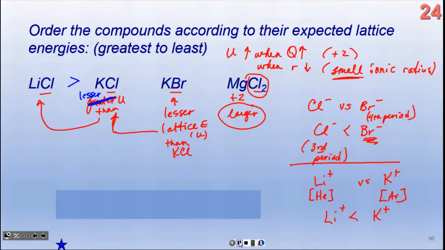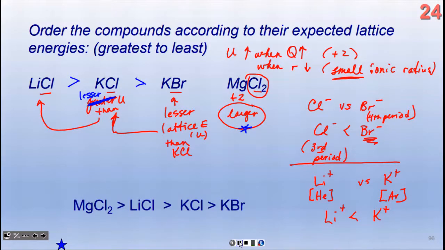The lesser lattice energy goes for KBr versus KCl. And then the largest one would be the one that has a +2 ion. Wow, that takes a minute to think about it. So this one's the largest, the magnesium chloride. The lithium chloride would be second, potassium chloride less, and potassium bromide last. Wow, that takes some thinking, but at least it makes a way of making use of those kinds of comparisons.